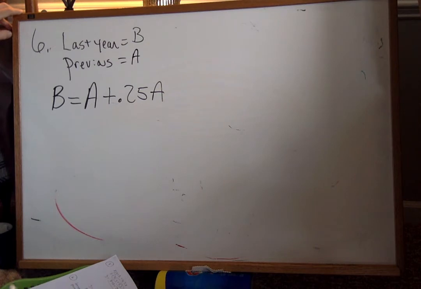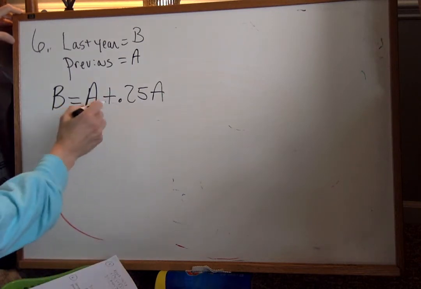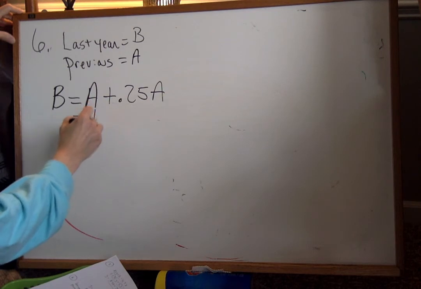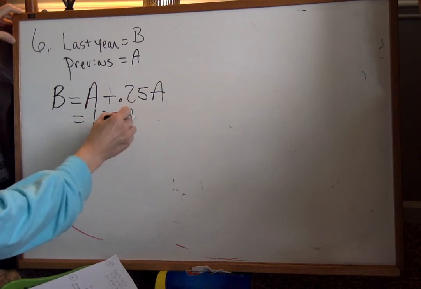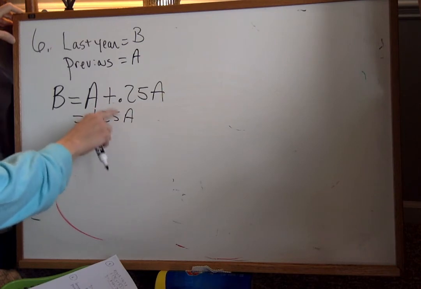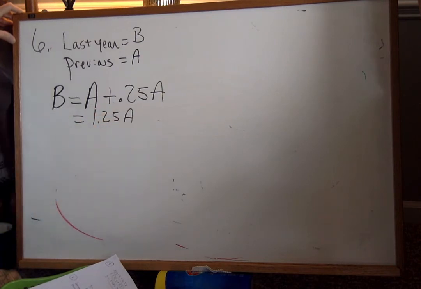Right? Because tax is adding to it. It is growing your bill when you get up to the register to pay. So this is 1A plus 0.25A equals 1.25A. So again, when you see that decimal, you really need to understand that it's representing 125%, which makes sense because they're growing. The company is doing good.